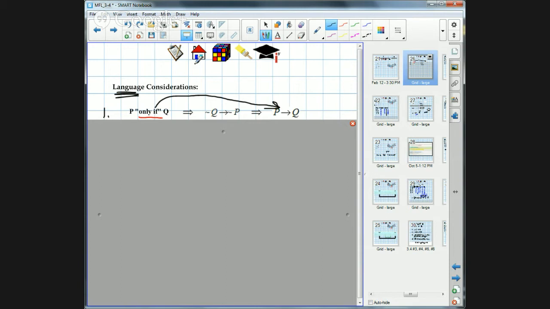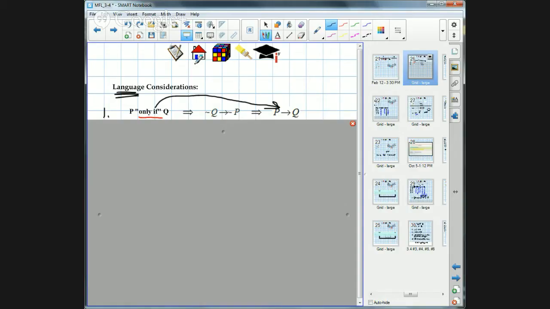Let me show you a problem in your book that does this. So is that the same as the negation of Q, only if negation of P? Is that correct? No, that would be the converse of Q only if P. So you notice what you do with the words "only if."